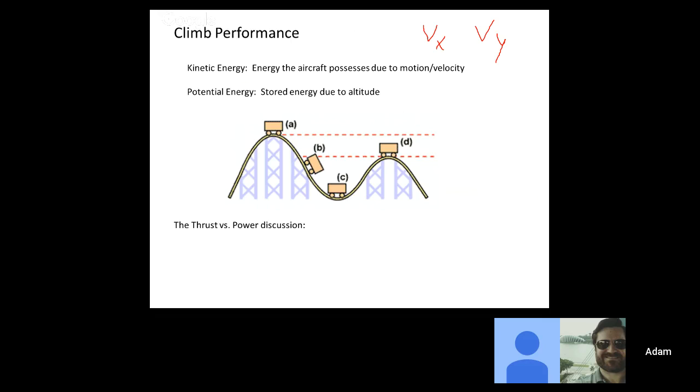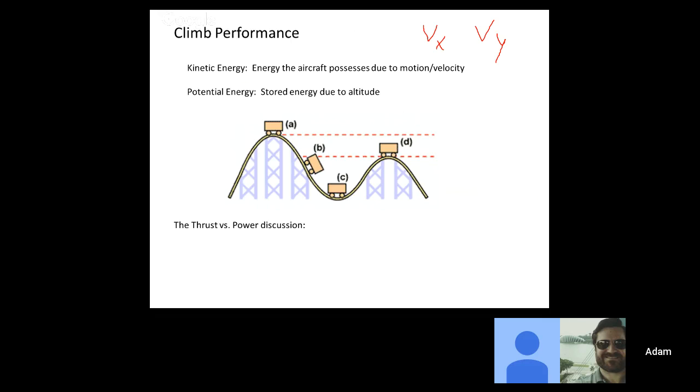Because if I let go of the ball, it's going to fall, and it's going to convert its potential energy into moving energy, or kinetic energy. If I throw that basketball through the air at the hoop, it's going to have both moving energy and altitude energy, potential energy.